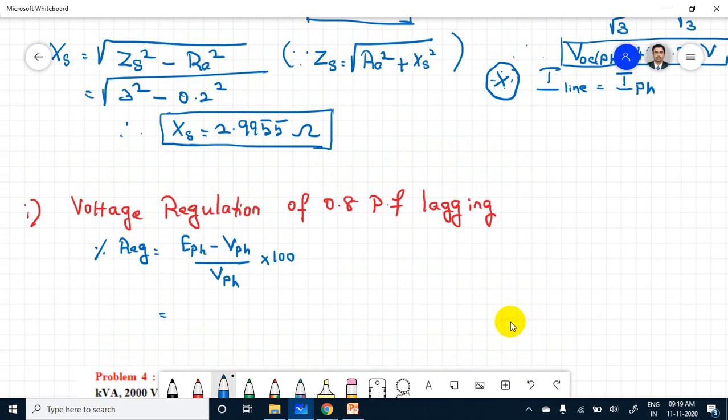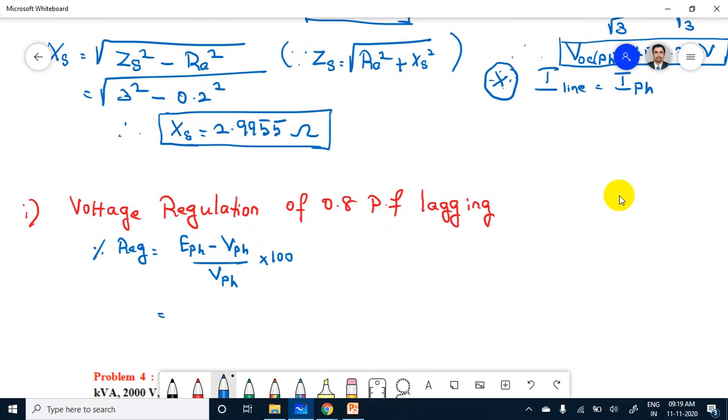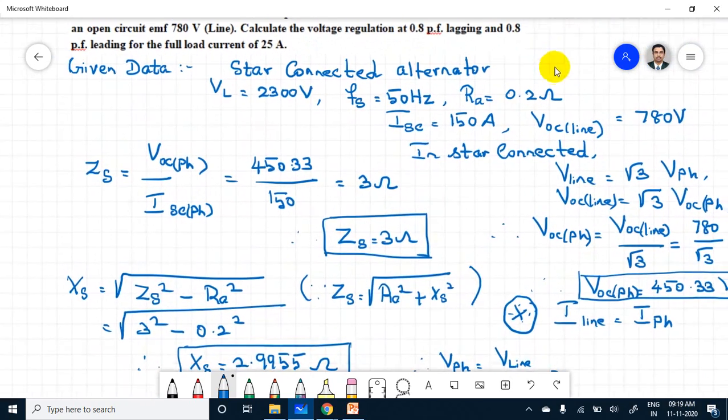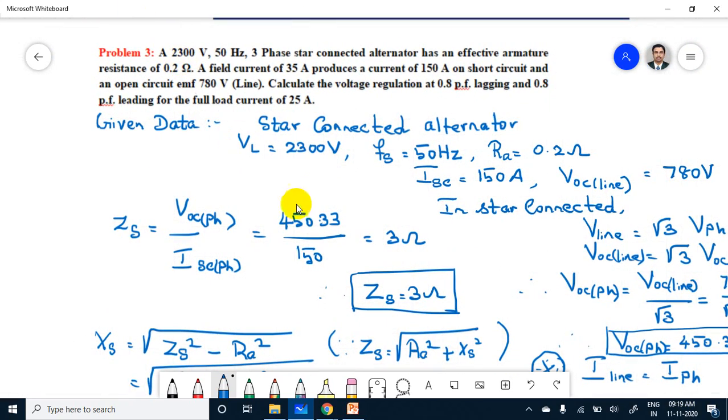So how to calculate the V phase value? V phase is equal to V line divided by √3, because it is star connected. What is the line voltage as per your given data, the motor specification? It is VL 2300 volt.